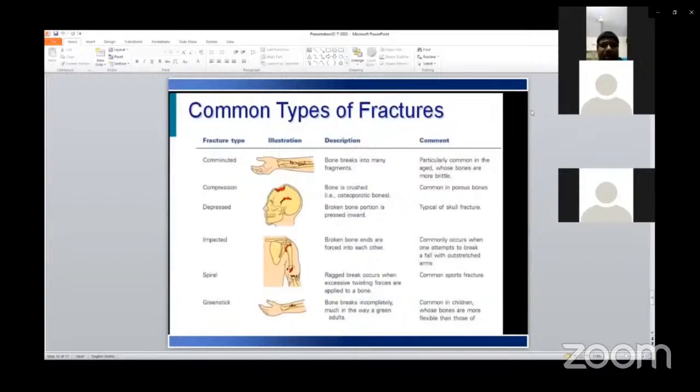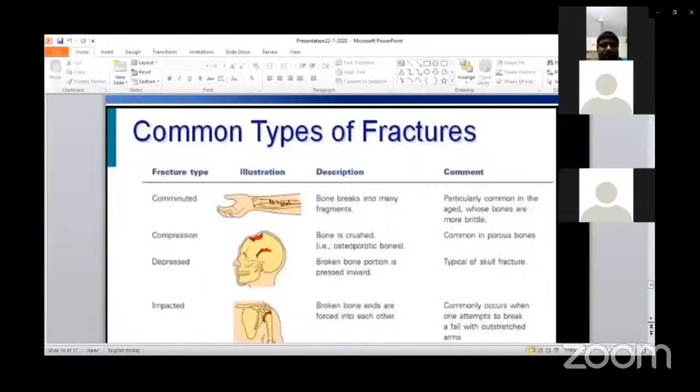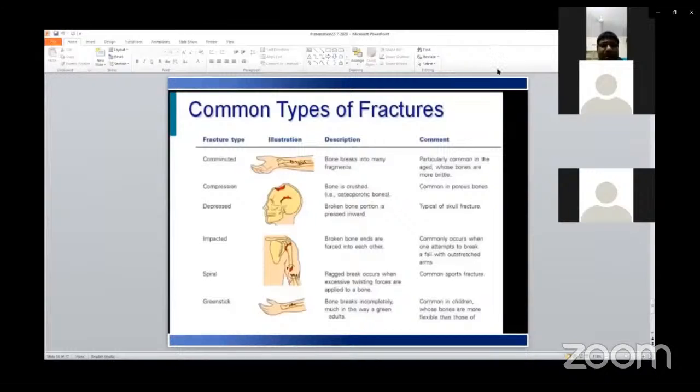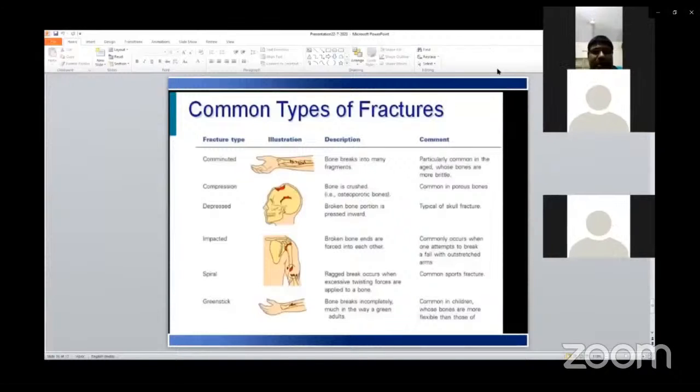The next fracture is compression fracture. This is also one of the closed fractures. Here you can see an object hit the skull bone and crushed it.